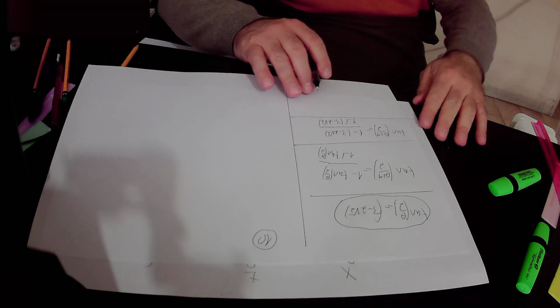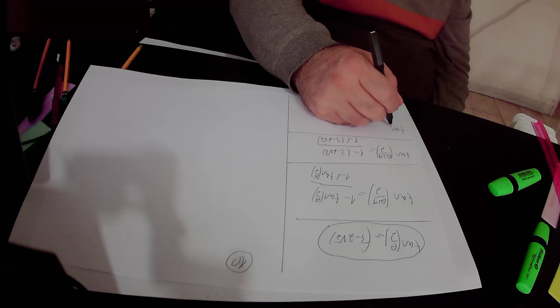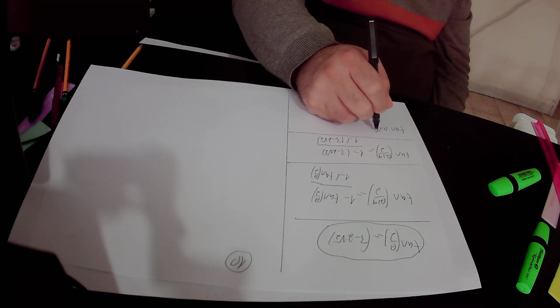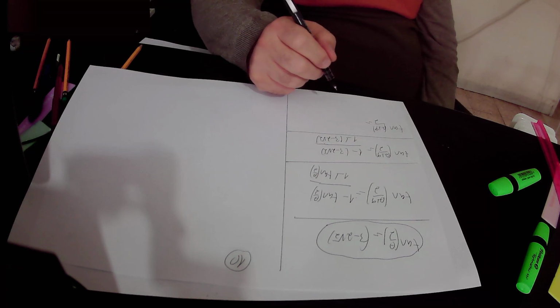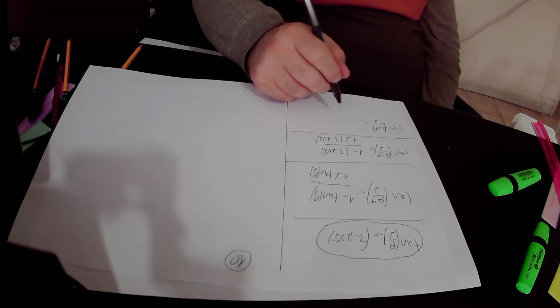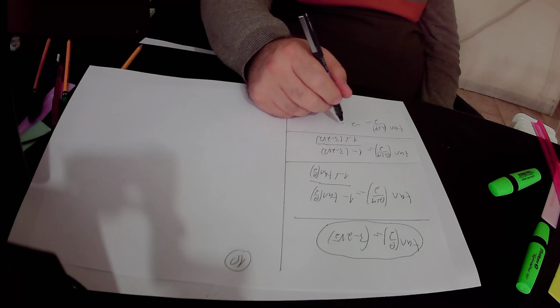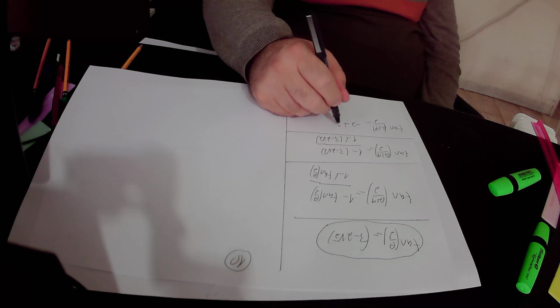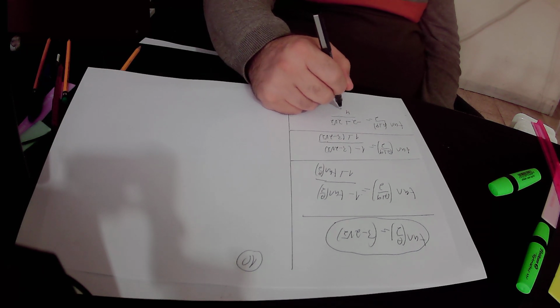So here we have tangent theta plus alpha over 2 equals to 1 minus 3 is minus 2, minus and minus is plus, so it is plus 2 times square root of 2 over 1 plus 3 is 4, minus 2 times square root of 2.